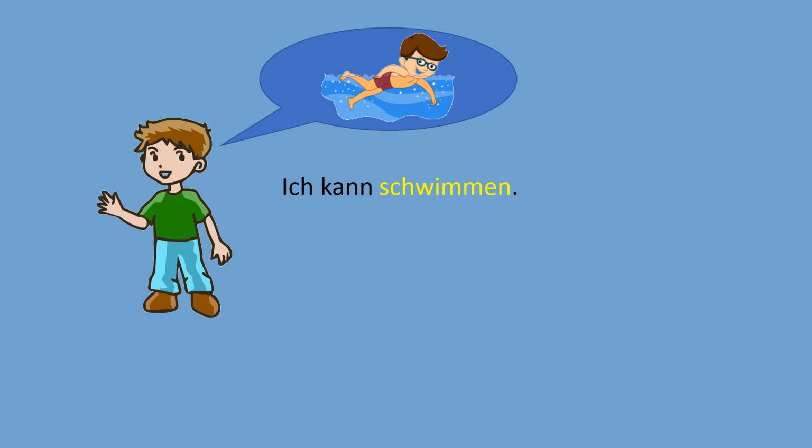It is always used in the infinitive form. That means we never change this form, we never conjugate it, we never have agreement between the main verb and the subject, and the ending will always be en. So it's practically the same form you can find in any dictionary. Ich kann schwimmen.